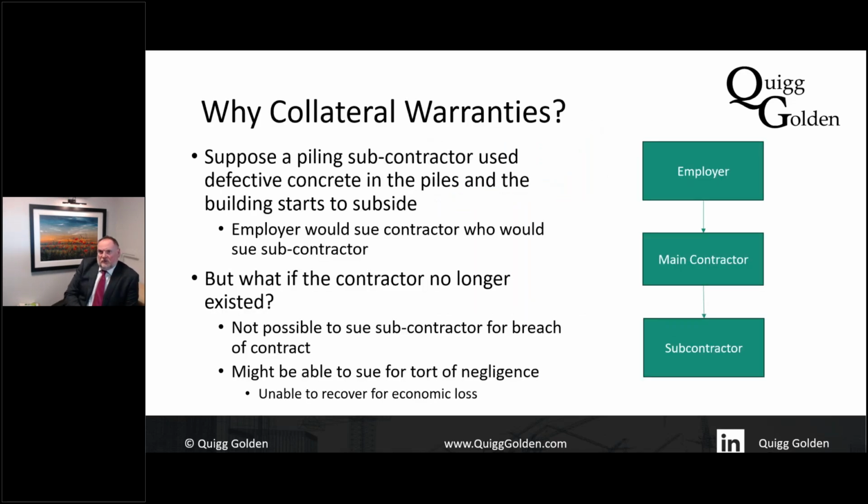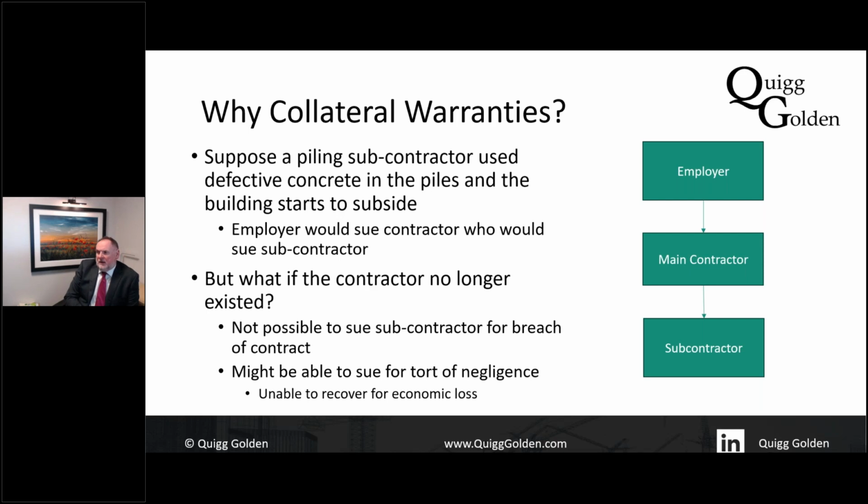If we take a typical situation, we have an employer at the top who's entered into a main contract with the main contractor, who's entered into a subcontract with the subcontractor. Let us suppose that the subcontractor is a piling subcontractor that installs the piles for a 10-story high office building.